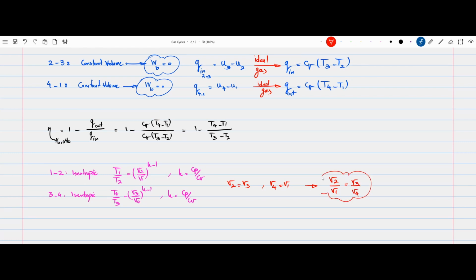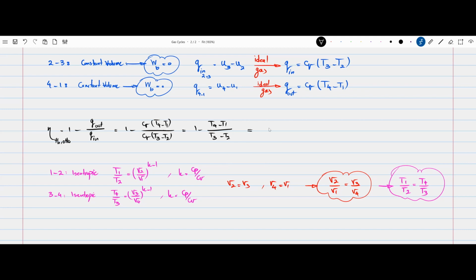Now, taking this into account and looking at the pink equations, one can easily see that T1 over T2 is equal to T4 over T3. Okay, so this is very neat, but why do we need this? The reason is I can use this pink equation to simplify the efficiency equation for the Otto cycle.